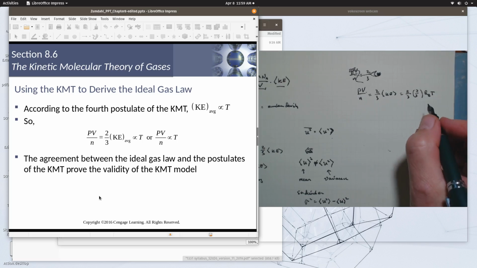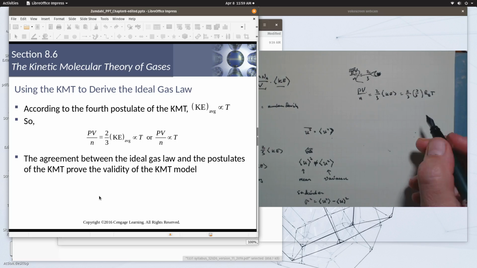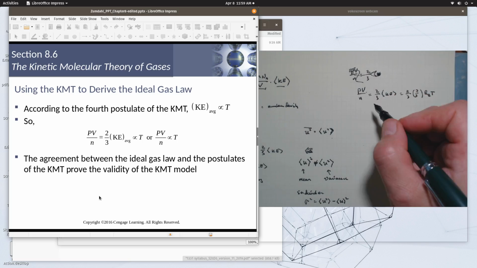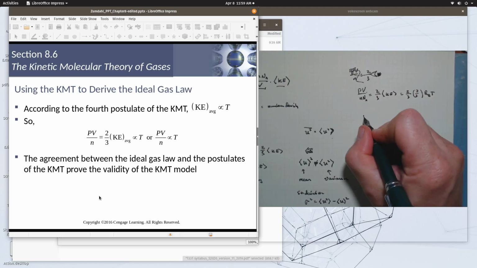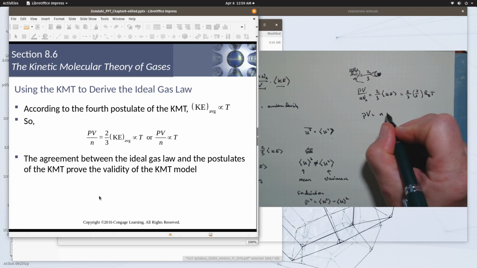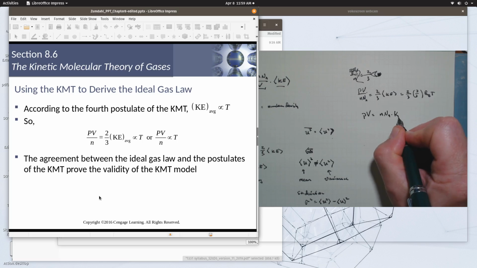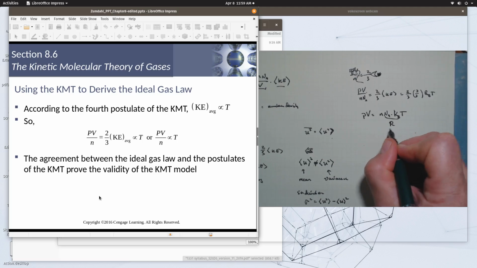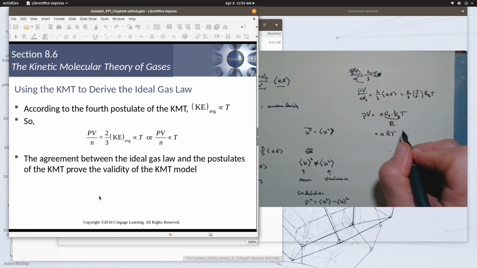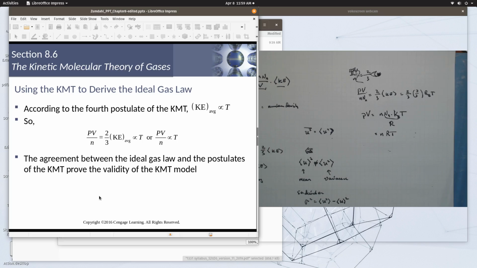Therefore I get agreement with the gas law: PV equals N, the number of moles, times NA kBT, and this is just the gas constant R. That's a simple derivation of the ideal gas law from basic kinetic theory.